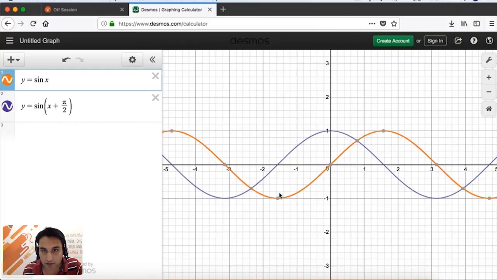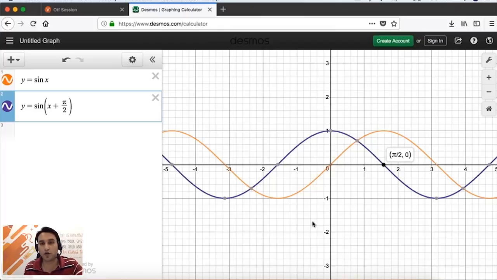X here is minus pi by 2. So this 0 point moved left towards here, this 1 point moved left towards here, and this point moved left towards here. So the entire graph moved towards left.